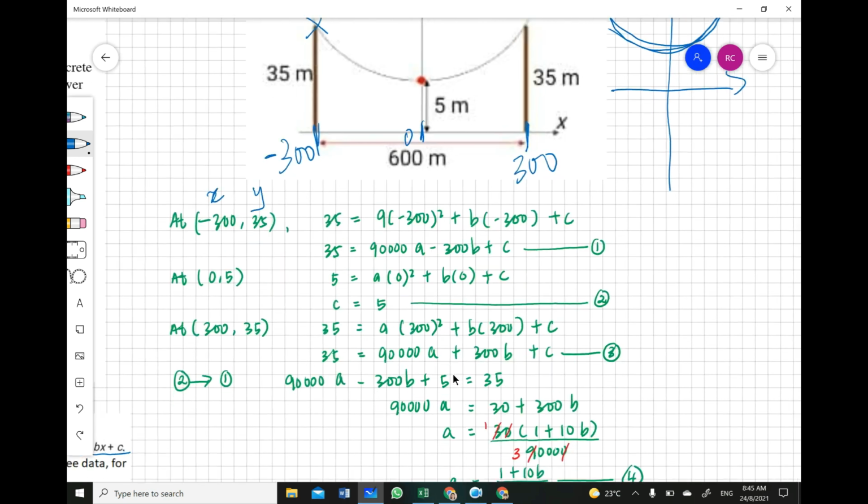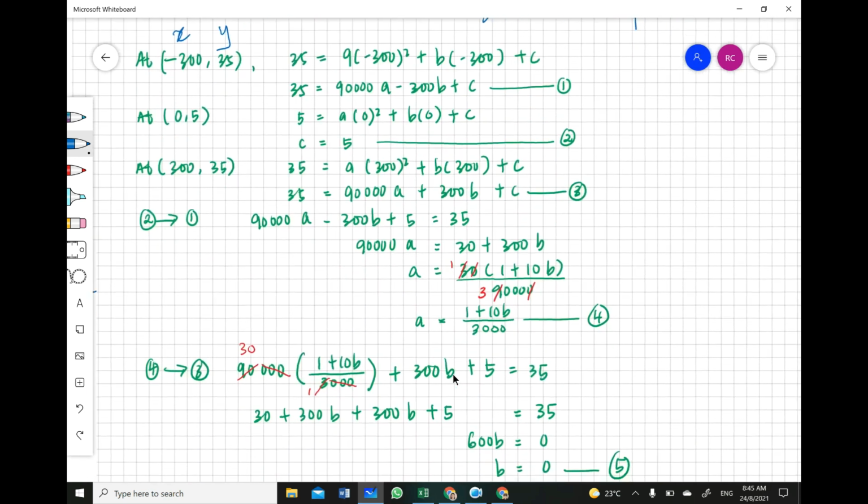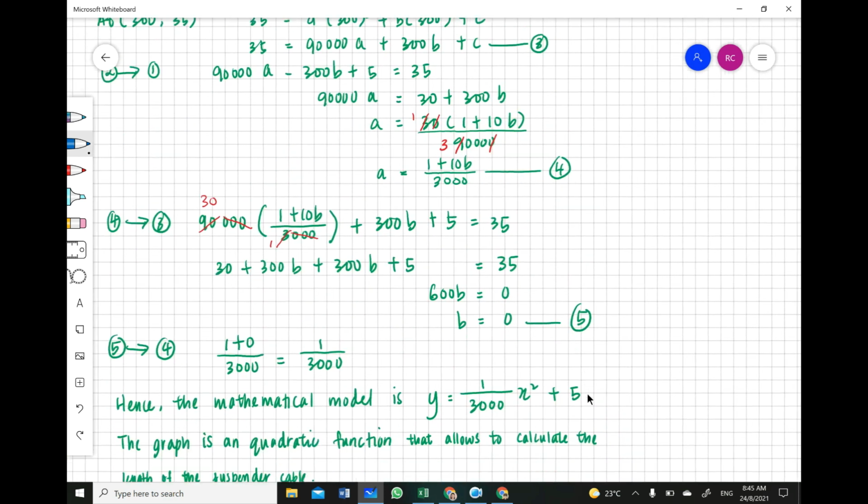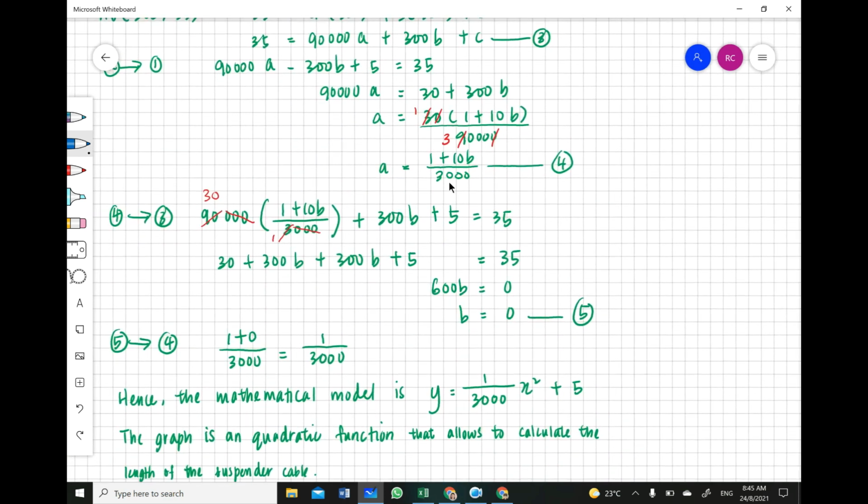So we are going to do all the substitution method. You just solve everything, find out the value of A. After that, substitute the A into the next equation to get the value of B. So from here, this is the A, substitute the B, and you are going to get the A. Finally, the A is equal to 1 over 3,000. Maybe I forgot to write down the A here.